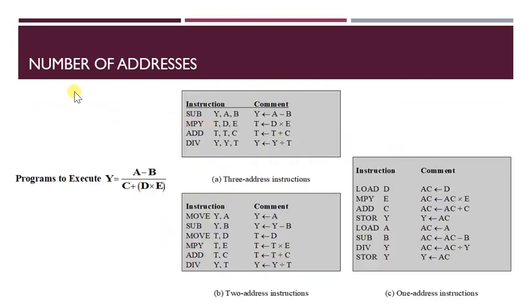Next, we are going to see the number of addresses: 0 address instruction, 1 address instruction, 2 address instructions, and also 3 address instructions. So these are examples of the machine instructions or assembly language for this program. This is what we call the opcodes, and this is the symbolic operands.